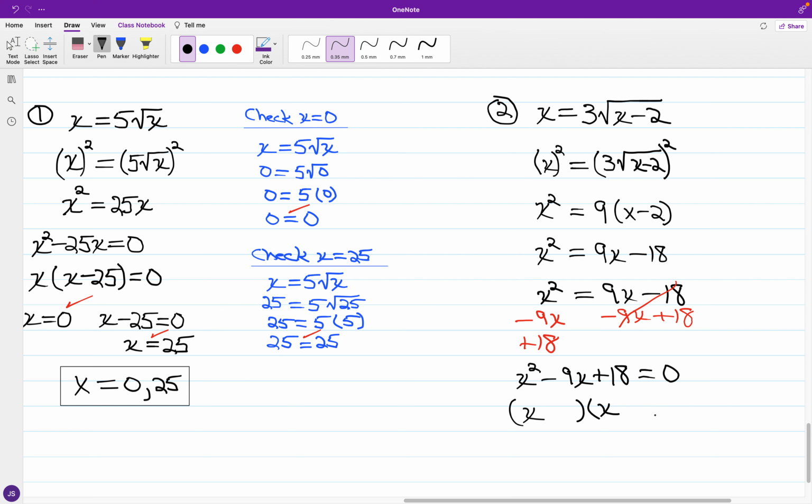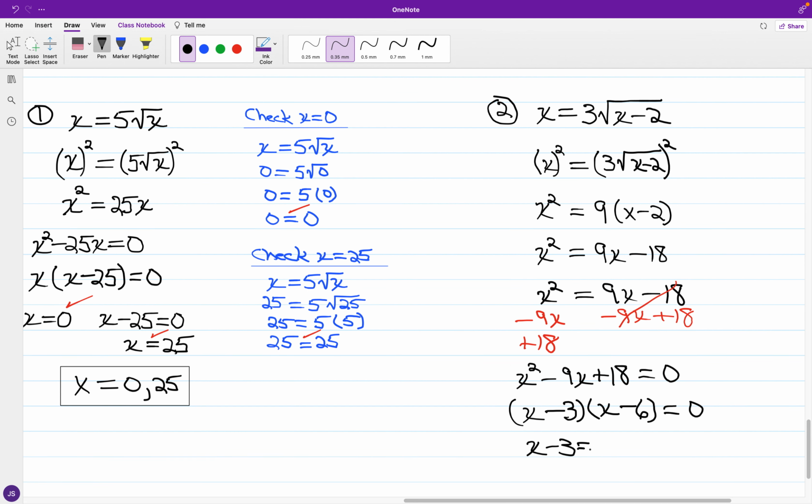For x squared we have x and x, and factors of 18 that will add up to negative 9. Two numbers multiplying to a positive will either be both positive or both negative. In this case both are negative. One is going to be minus 3, and the other is minus 6.